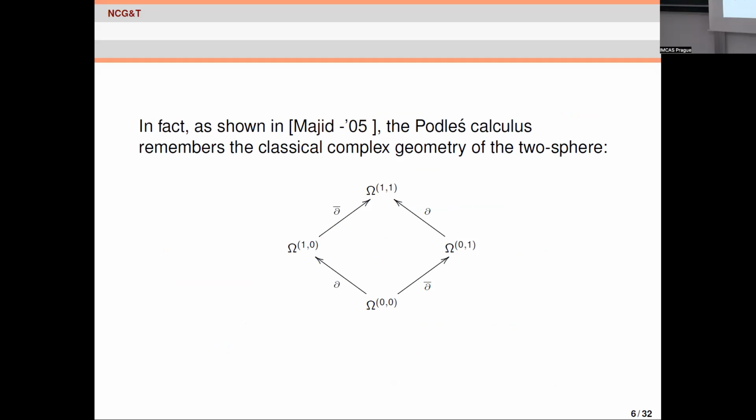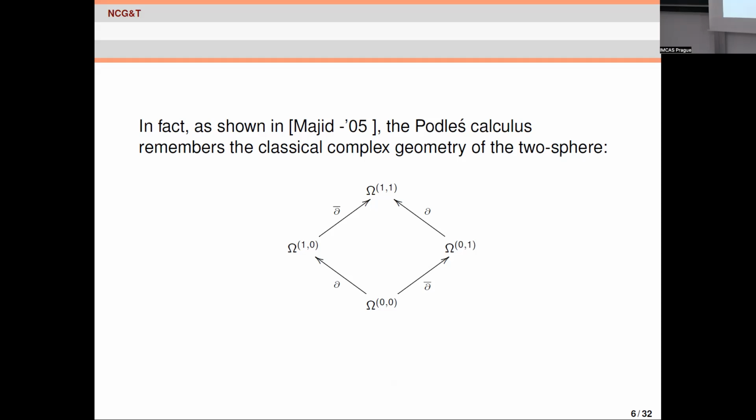Then the degree 0 and the degree 1 part stay the same, but it splits up, and your exterior derivative splits up into a direct sum. So this is just the exterior derivative and projection onto the left, exterior derivative and projection onto the right, and then this is just restriction of the exterior derivative to here. And this thing is actually a double complex.